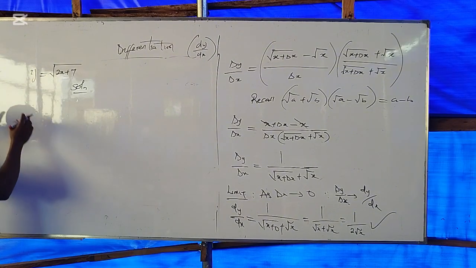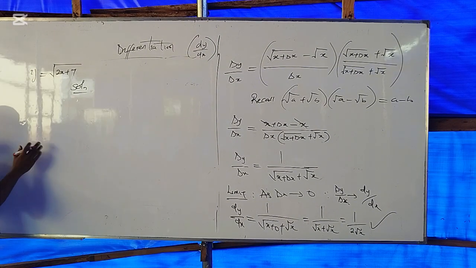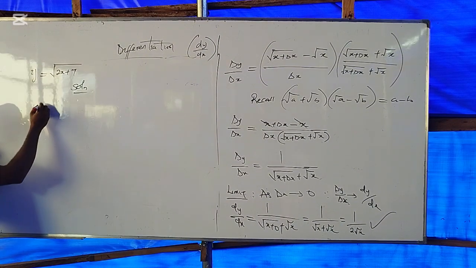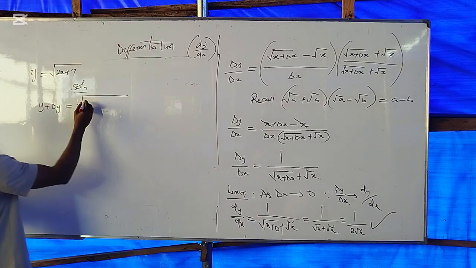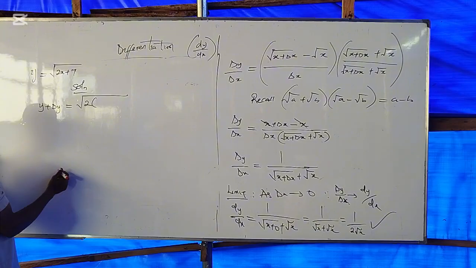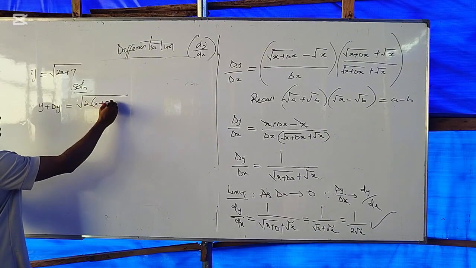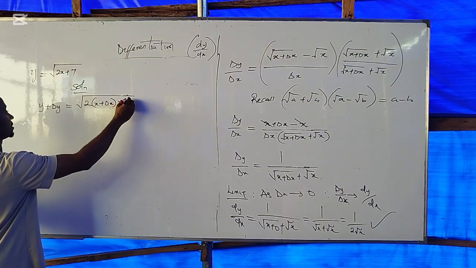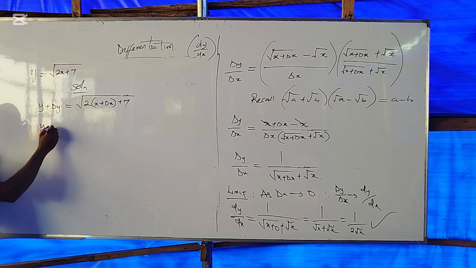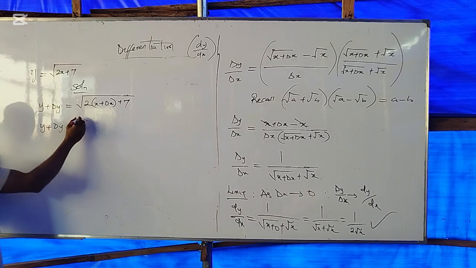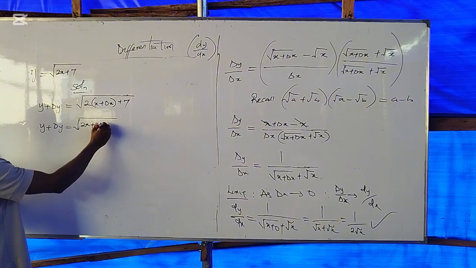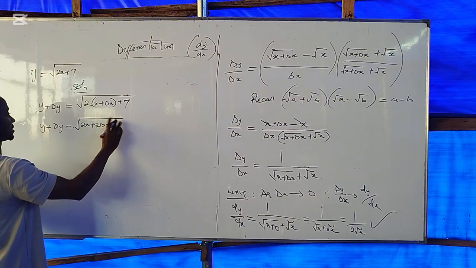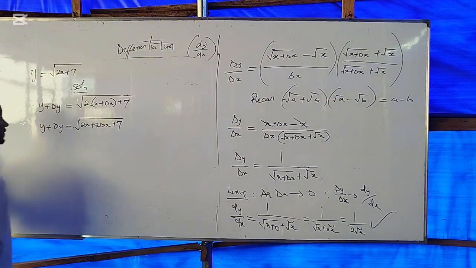What's the first principle, the first step? Increase in y and x. That means y plus delta y equals square root of 2 in bracket x plus delta x, plus 7. Can we expand this? 2x plus 2 delta x plus 7.